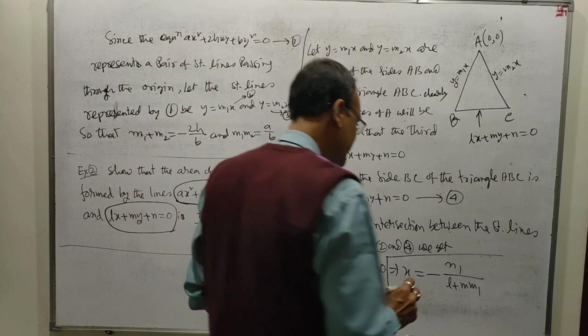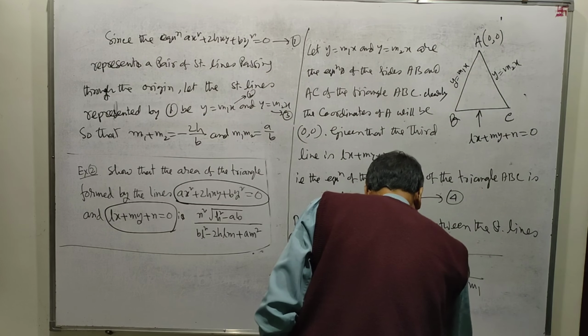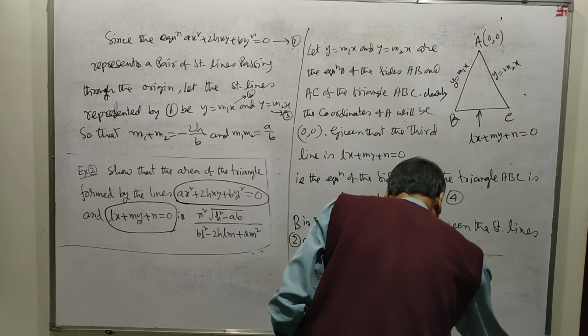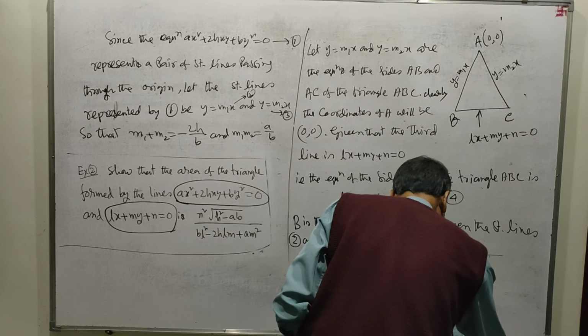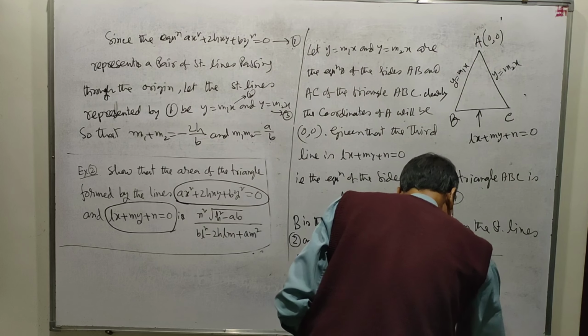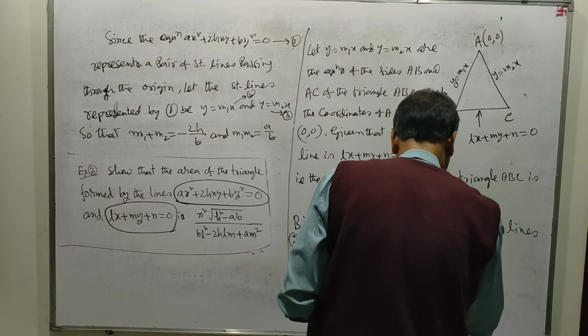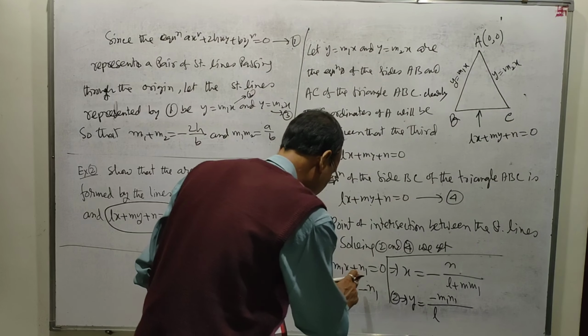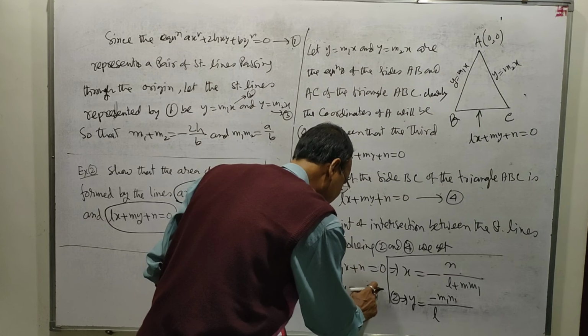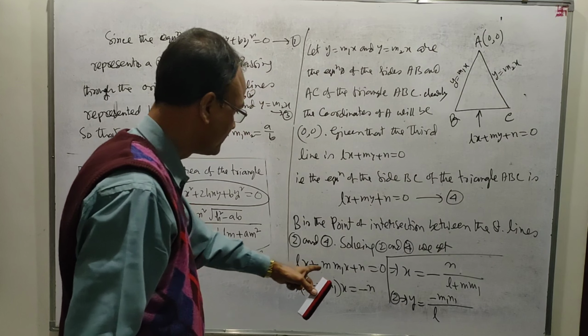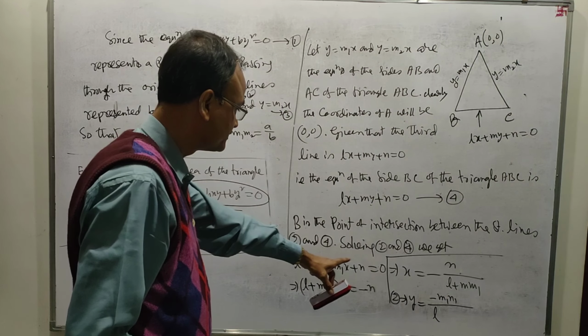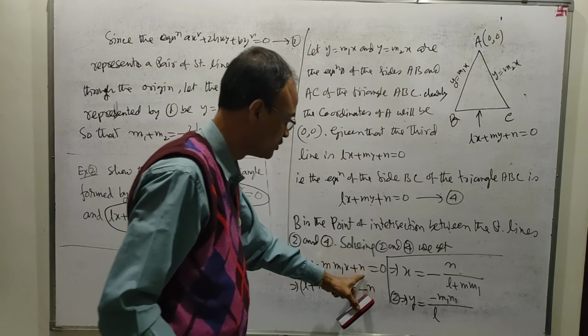Now from 2, y equal to m1x means minus m1 n divided by L plus m m1. It is not m1, it is m, as given in the question.